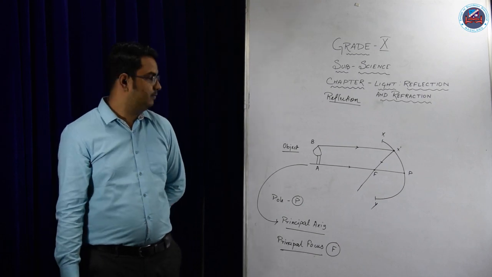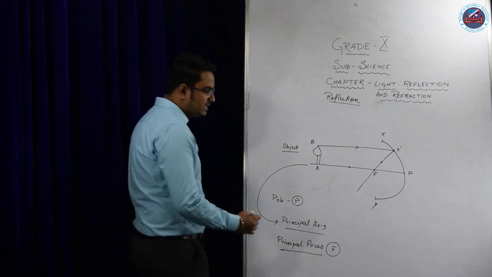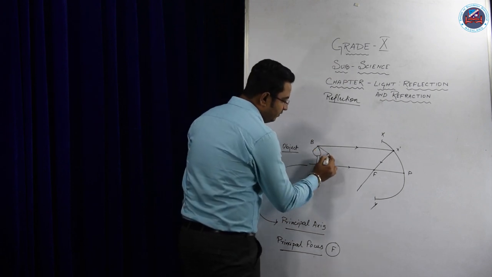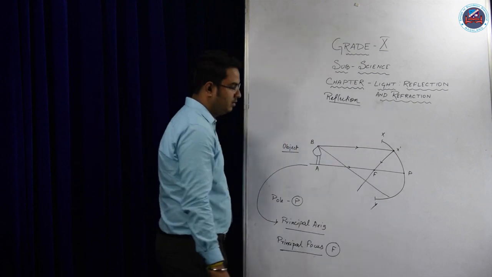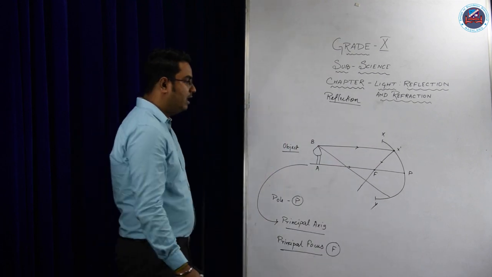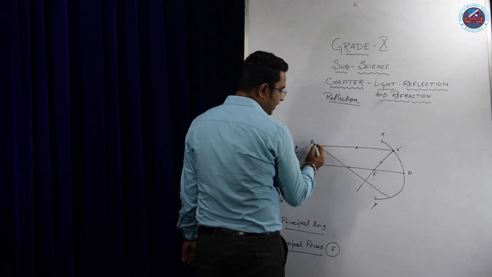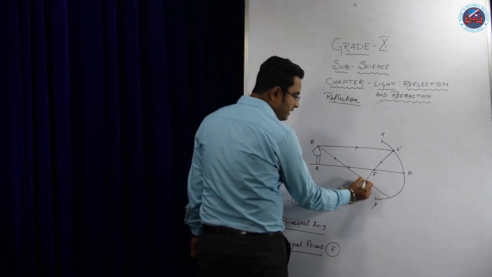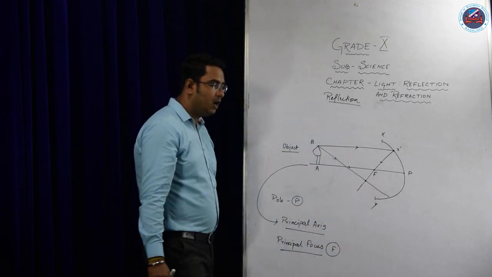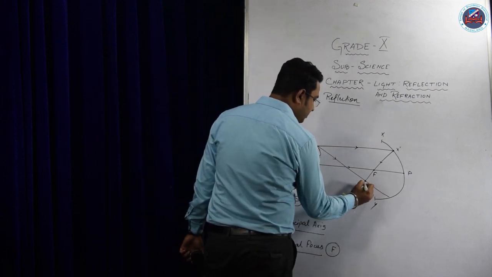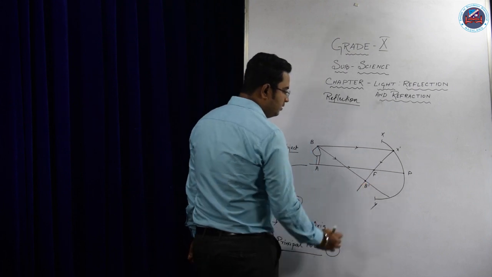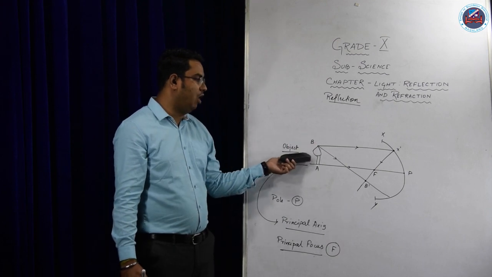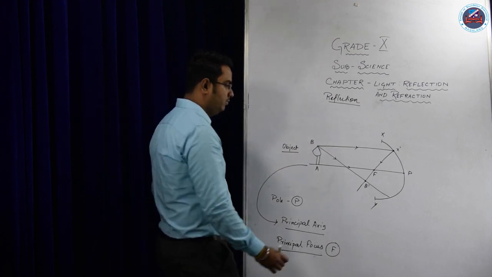Now let's say there is another ray of light which came out from the candle and went somehow like this. Here, the reflected ray and the second ray which came out from the candle have intersected somewhere at this point. I am marking this point as B dash. This will be the point where the image of this object AB will form.